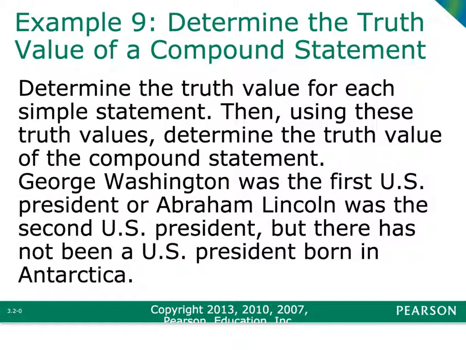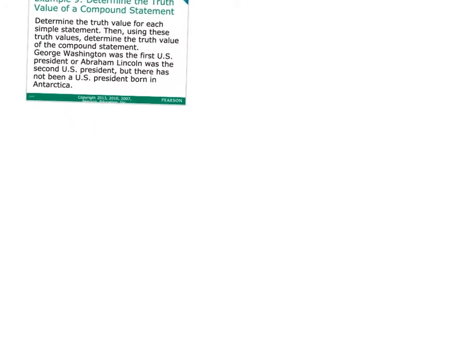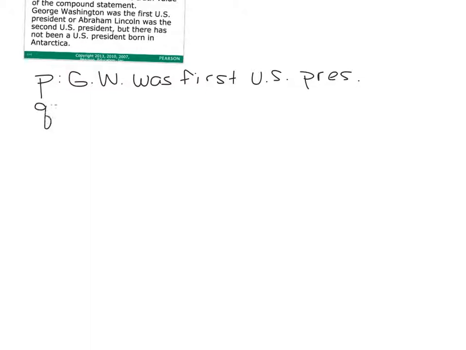start by dissecting it. So let's move it out of the way here a little bit. I'm just going to scooch it up. Okay, so the first statement is made about George Washington, so we'll let that be P. The first one is that George Washington was the first U.S. president. Okay, our second statement is about Abraham Lincoln.